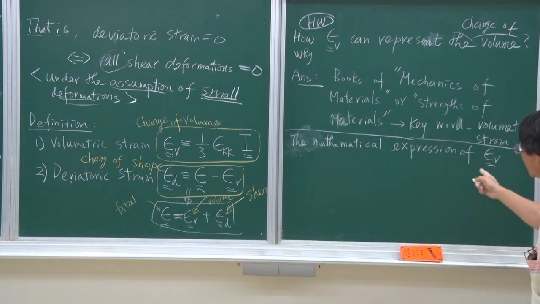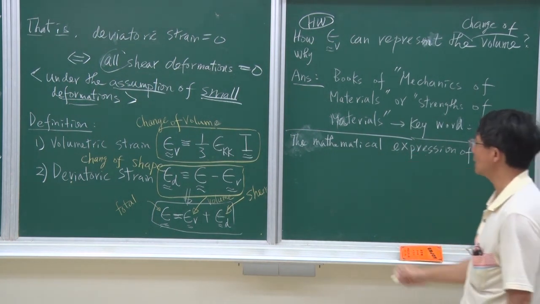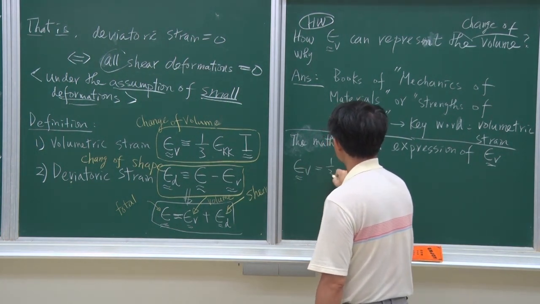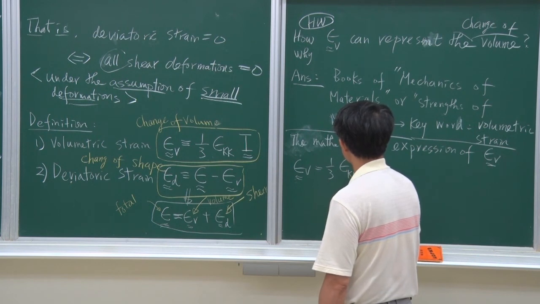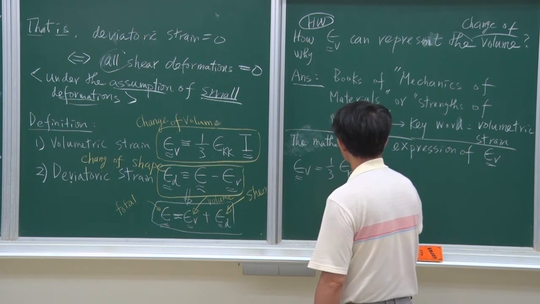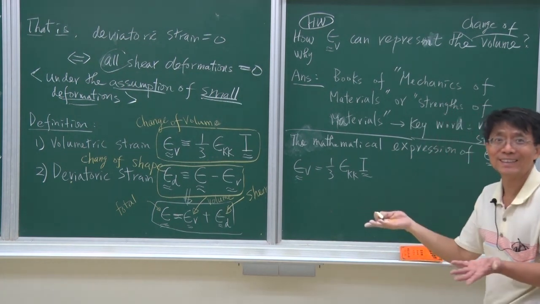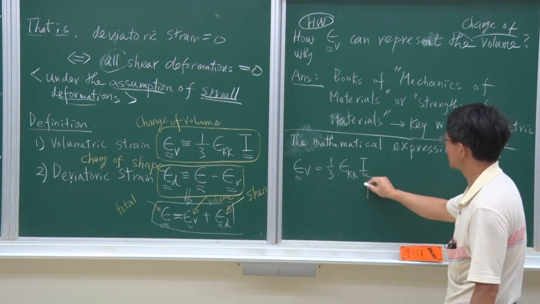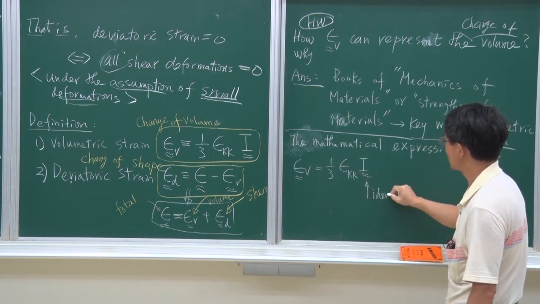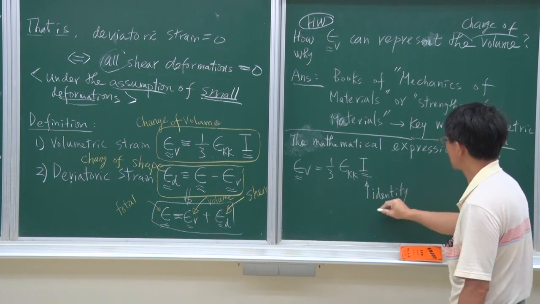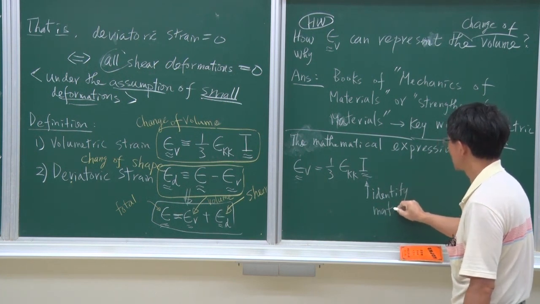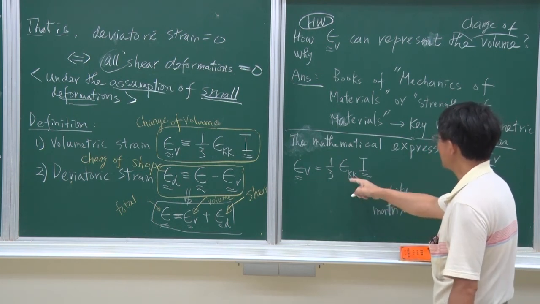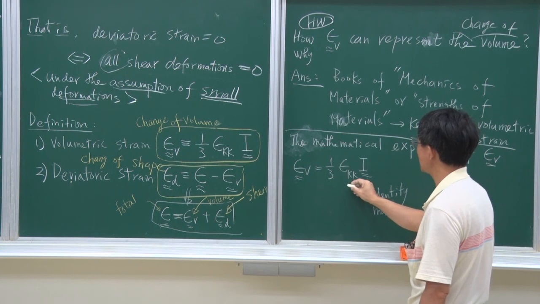Volumetric strain. What is the mathematical expression? Okay, let me write it here. What is this? This is the identity matrix. And this one is what?